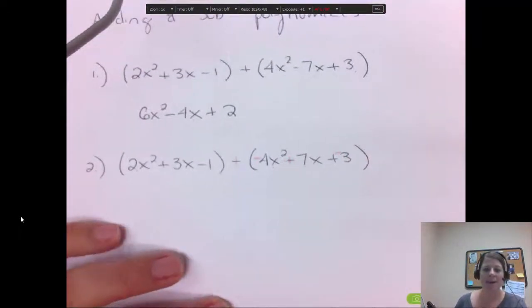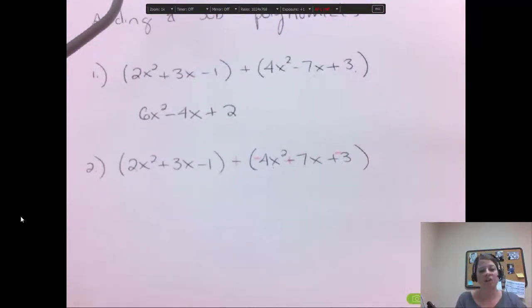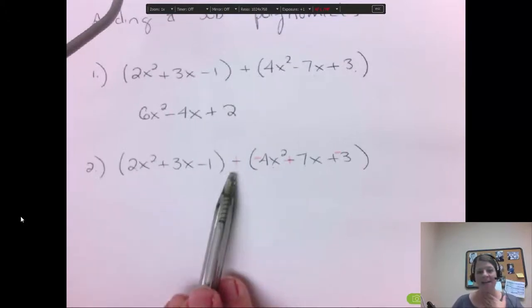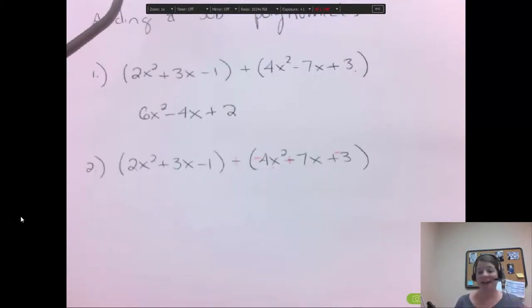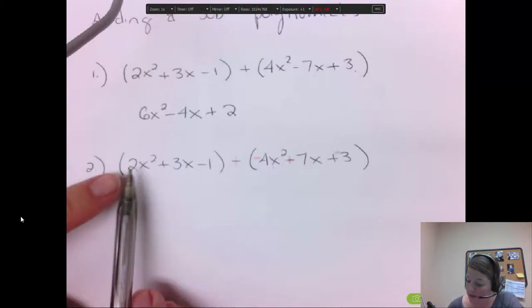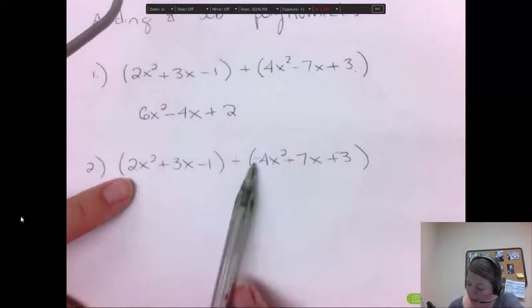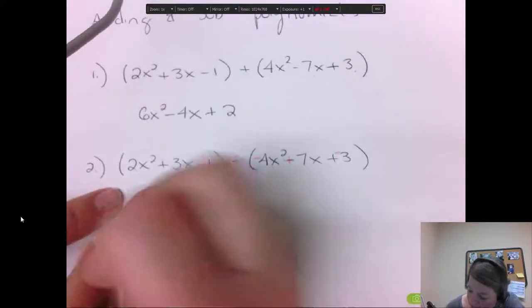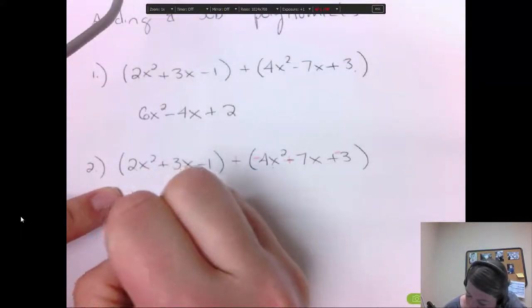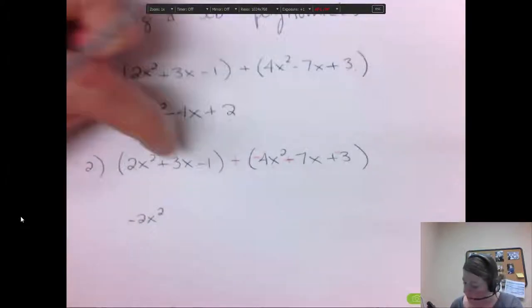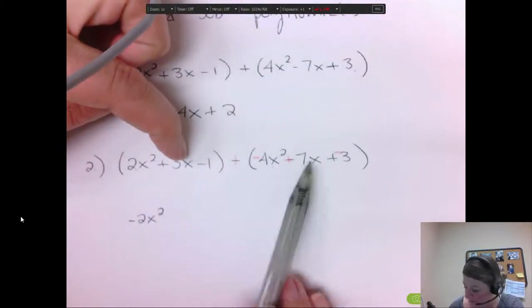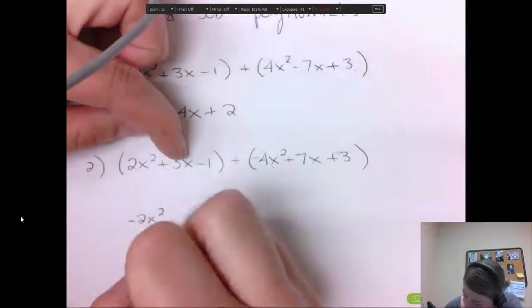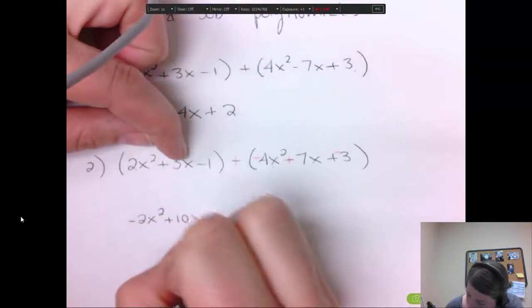I did that in red so we could see that I changed this to a plus sign and then changed the sign of each term. Now I can just add and combine them, and it's a little easier to see where the negative goes. So 2x squared minus 4x squared would give me negative 2x squared. 3x plus 7x is going to give us 10x.